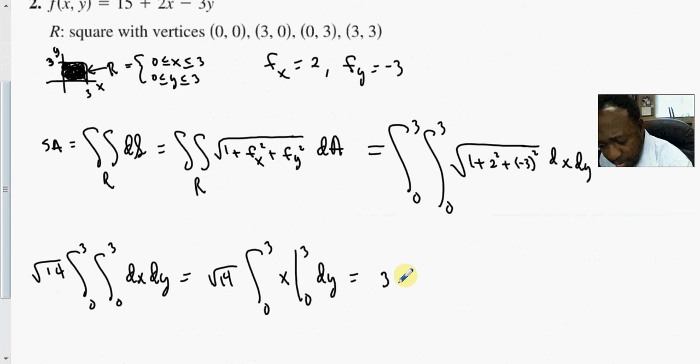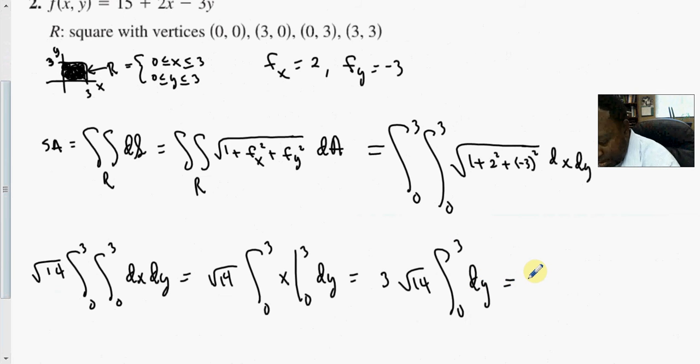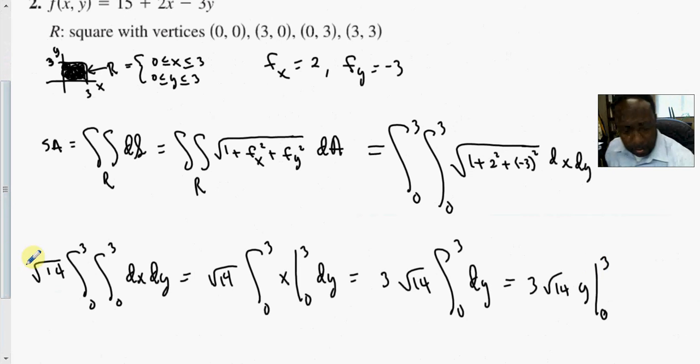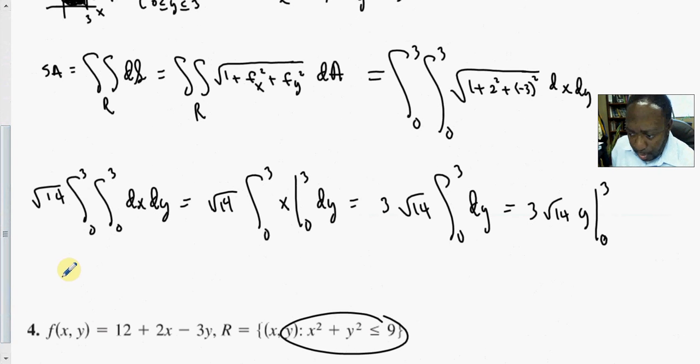So this is 3 times the square root of 14, integral from 0 to 3 dy, and that gives us 3 times the square root of 14 times y evaluated from 0 to 3, and that's 9 times the square root of 14.